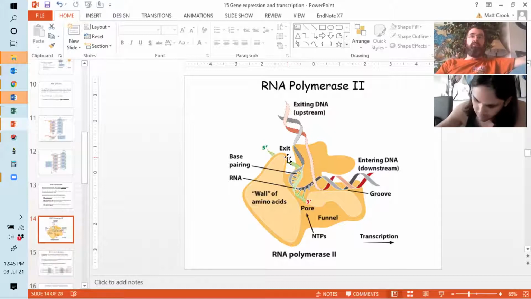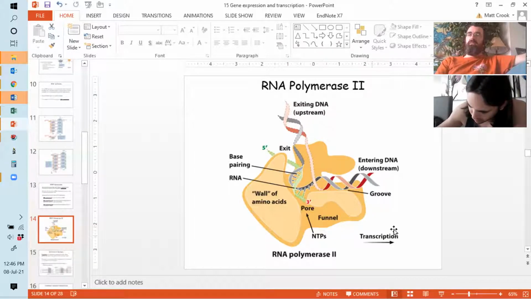And so this isn't like a replication bubble where you have an ever expanding bubble between the two original strands. This is just a transient, temporary deal, just to allow this short-term base pairing between the RNA nucleotides and the DNA molecule.